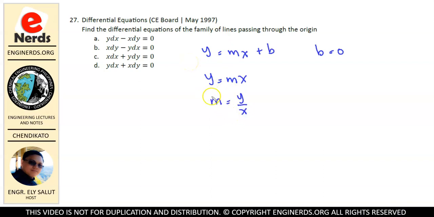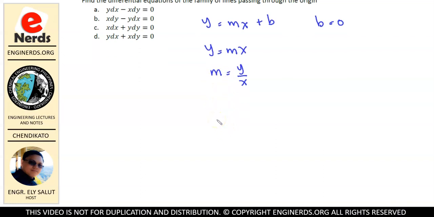Right, so our m is a constant, no? This is a slope of the line. So, if you're going to take the derivative of this, the derivative of a constant will be 0. Okay, so now let's get the derivative of y over x. So we have derivative of a quotient here, no? So we have x dy minus y dx over x squared. Right? So transposing x squared sa left side, so that will be 0 times x squared, so that will be 0.